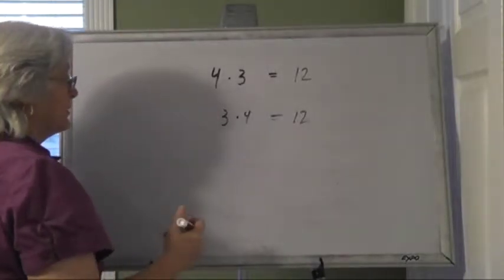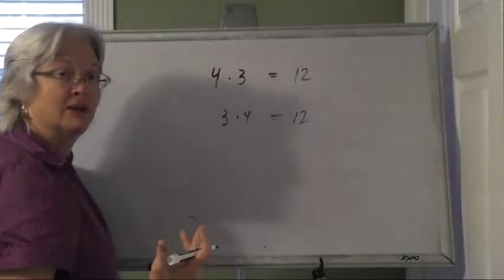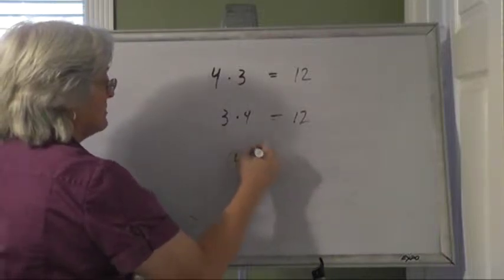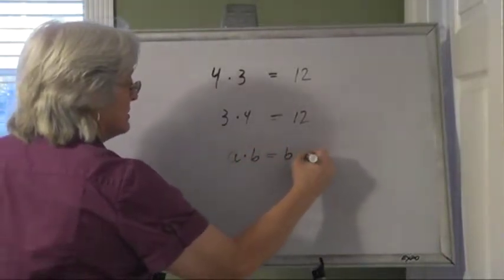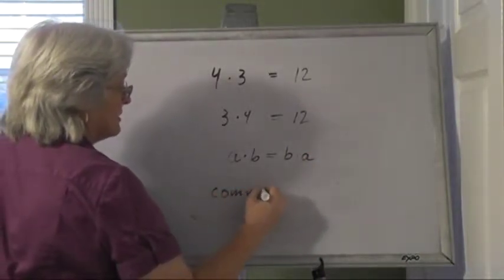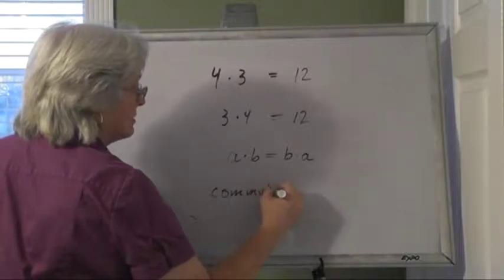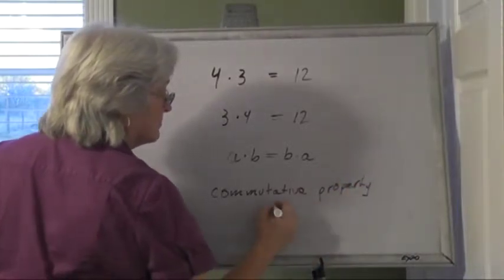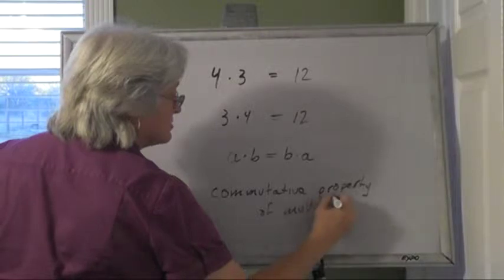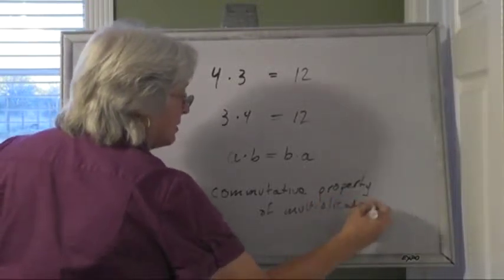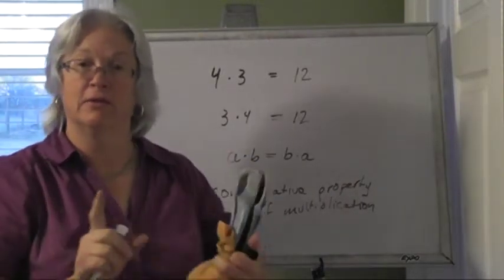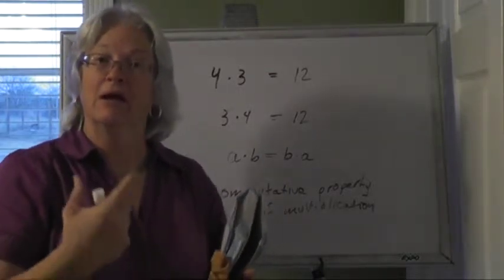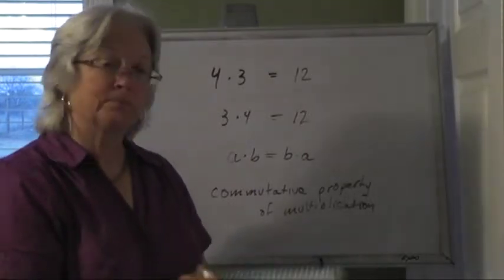This is called the commutative property of multiplication, and it says for all numbers A and B, that A times B is the same as B times A. And the fact that you're allowed to change the order in which you multiply two factors together, the fact that that doesn't matter, has no impact on the result, is very important in helping us solve algebraic problems later on down our road.